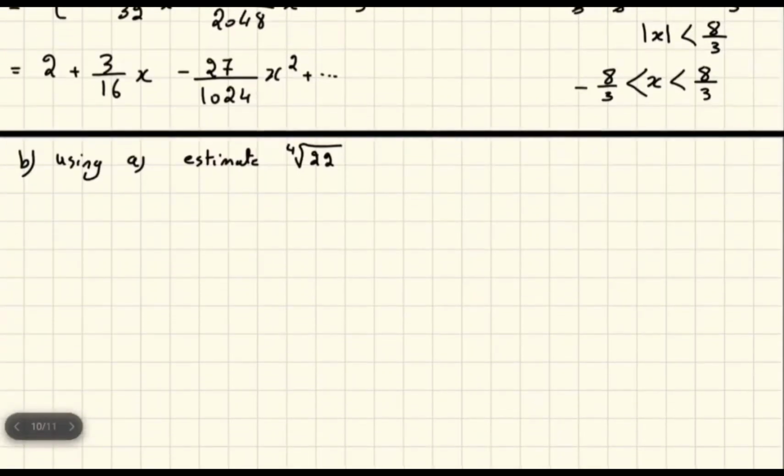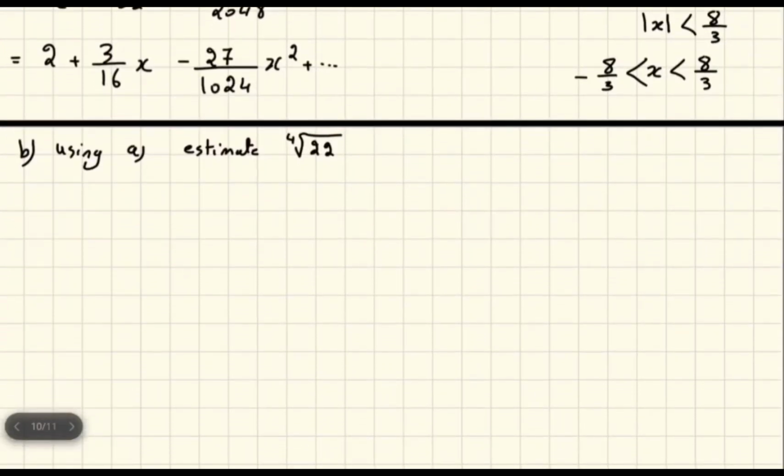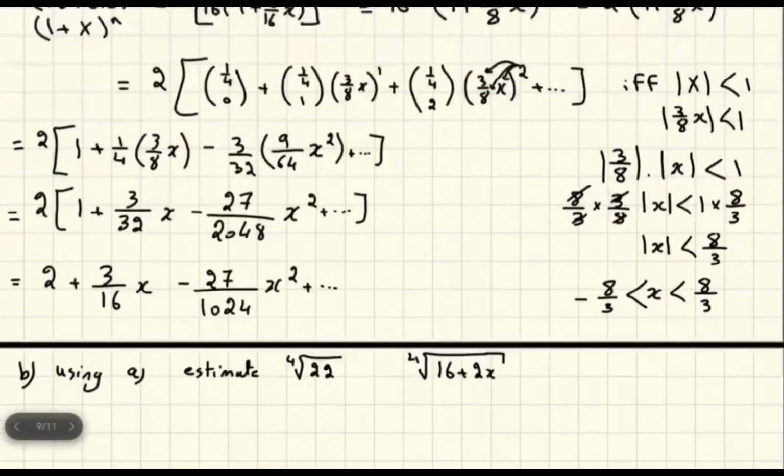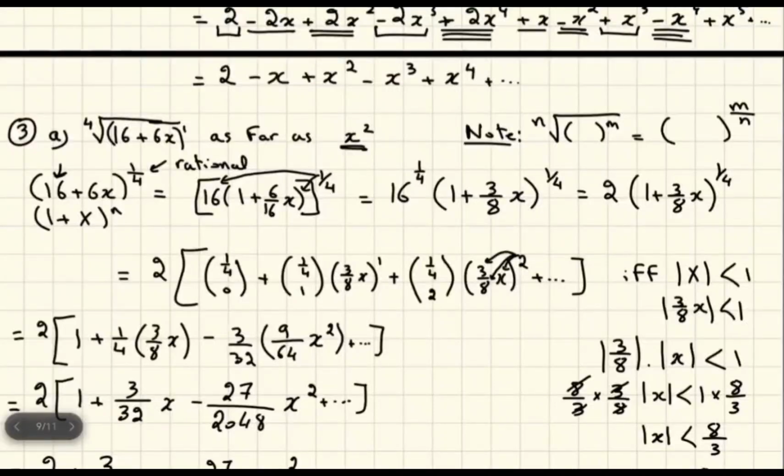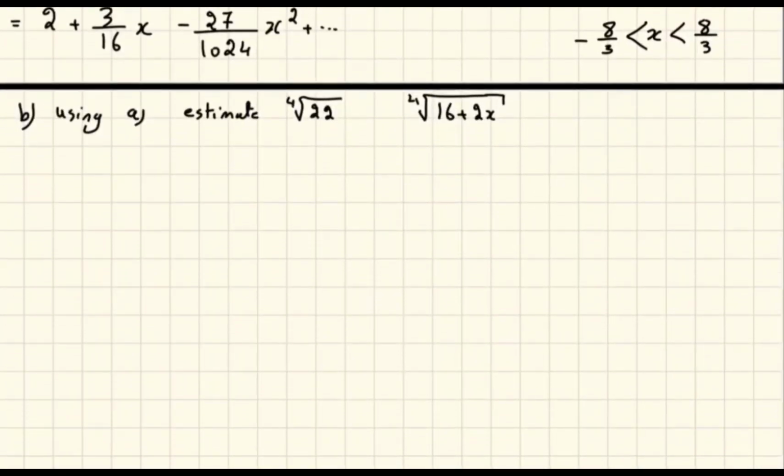Now, in this case, I need to use part A. In part A, we had fourth root of 16 plus 2x at the beginning. So we go back to the main one. It was 16 plus 6x inside the fourth root. So I will write 16 plus 6x and the fourth root of that.